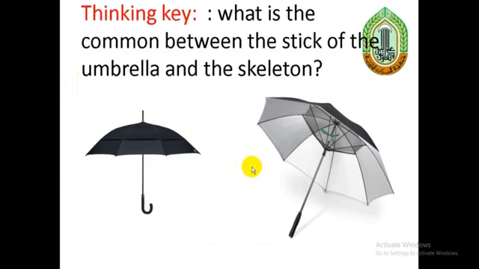So the stick of the umbrella is like the skeleton in our body. It gives it shape. This shape of the umbrella is held by the sticks and these wires, and also our skeleton provides us with good shape, so it supports our body.